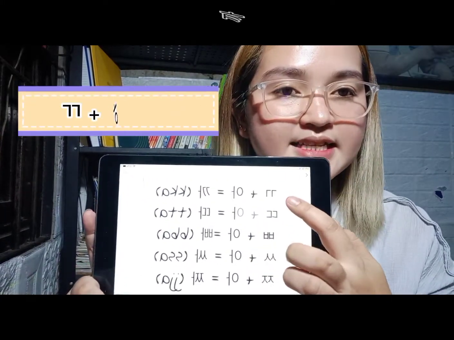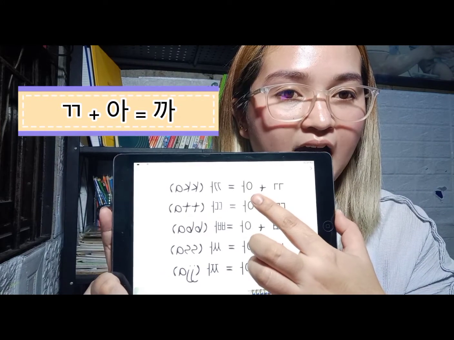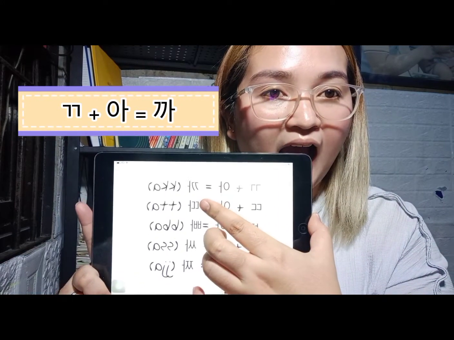Okay. So easy, right? Single or plain consonants are pronounced without any aspiration or burst of air, while double consonants are pronounced with a harder and stiffer voice, unlike the single consonants. Now, let's hear the sounds of the double consonants and pronounce them with the a vowel sound. Sangkiyuk plus a equals ka.